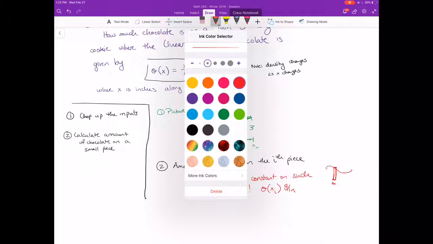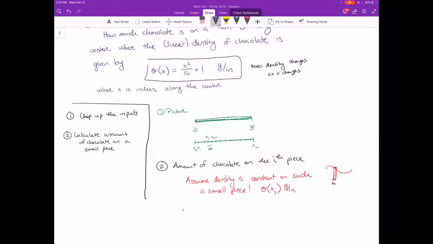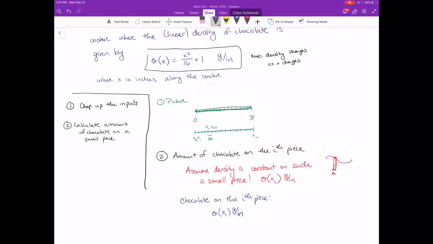And then that gives me the chocolate on the ith piece by taking that constant density times how long the piece is. So it's how many grams per inch of chocolate there is at x sub i, times the length of the piece, which is delta x inches.